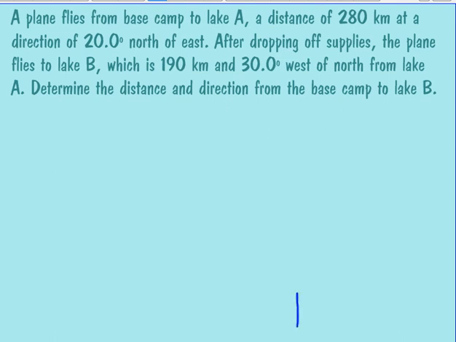Sometimes it's helpful to start with a little XY axis to help you interpret what 20 degrees north of east really means. 20 degrees north of east means that I start off going east and then 20 degrees north of that. So it looks something like that. That is 280 kilometers. And I'm going to mark the 20 degrees in there as well.